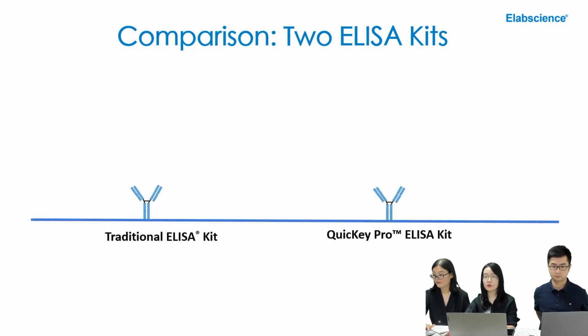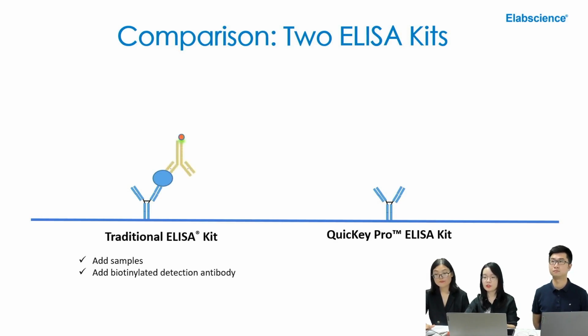Since the Quickie Pro ELISA kit is the new series, how is it different from the traditional ELISA kits? Traditional ELISA kits are also called the 3-step ELISA kits, and that means the samples, the built-in detection antibodies, and the enzyme conjugates are added in 3 steps.